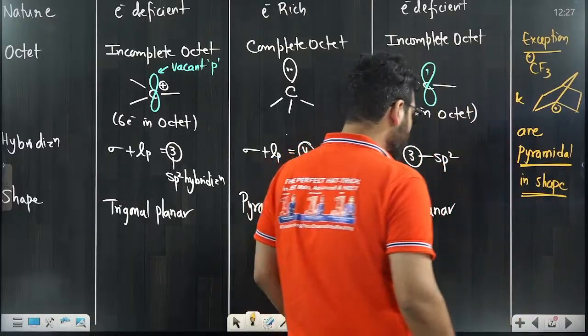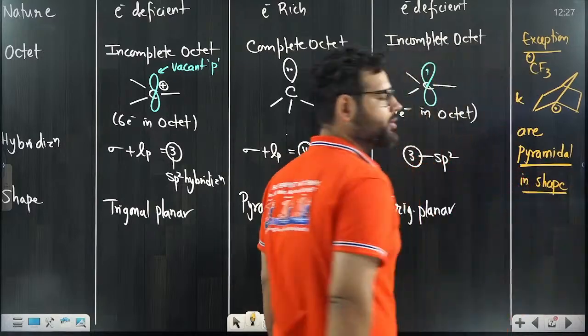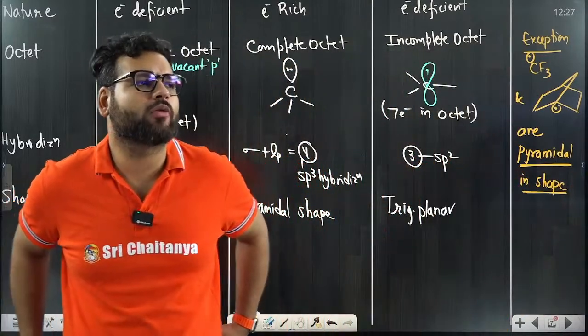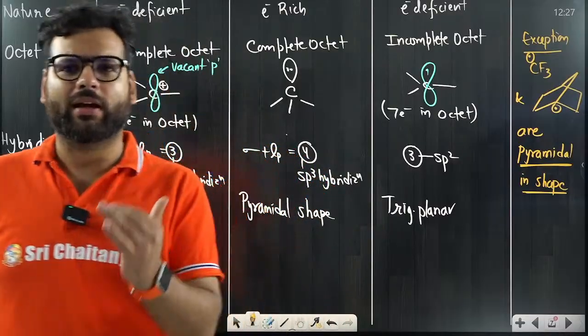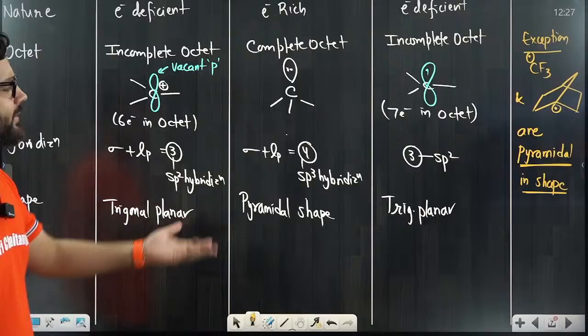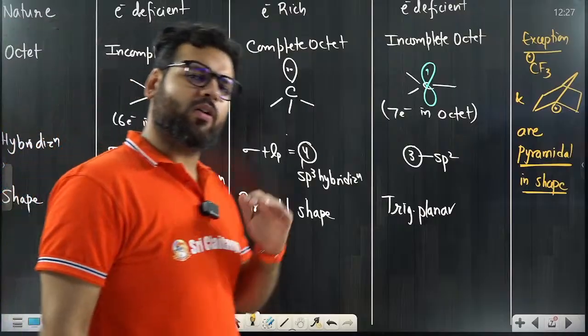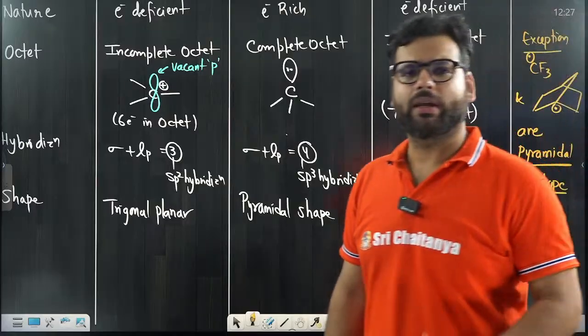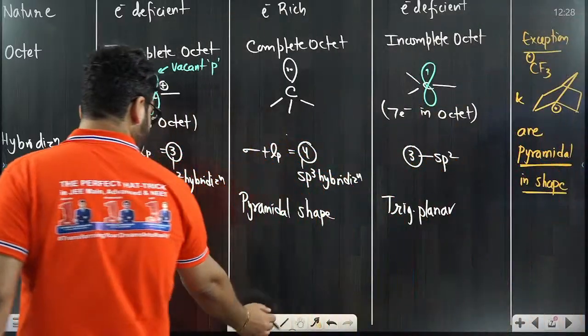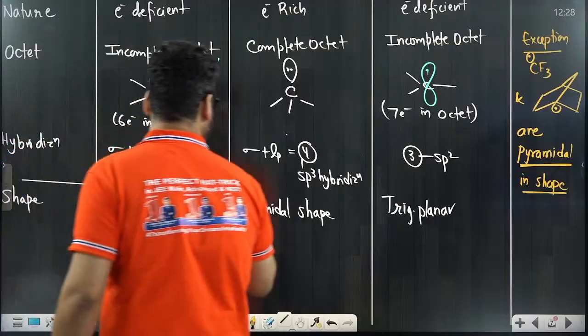These radicals were not found to be planar, but they were found to be pyramidal, just like a carbanion. Rest are trigonal planar. Carbocations are always trigonal planar without any exception.